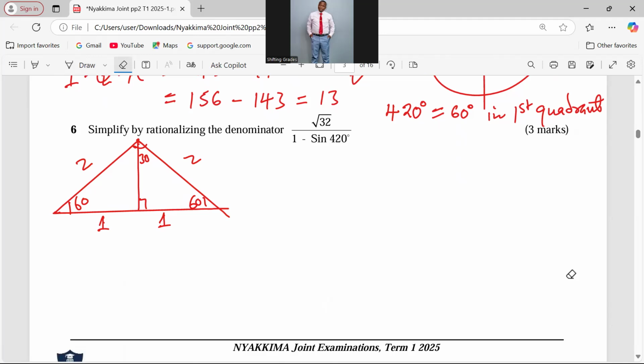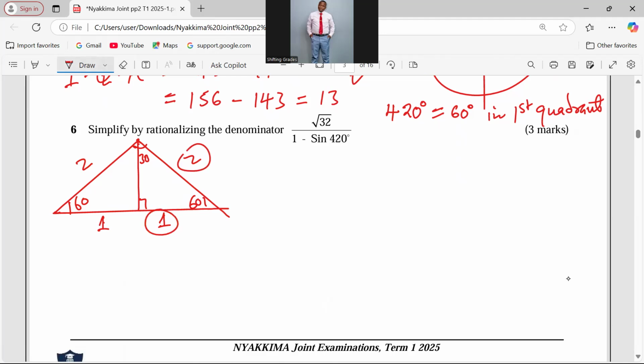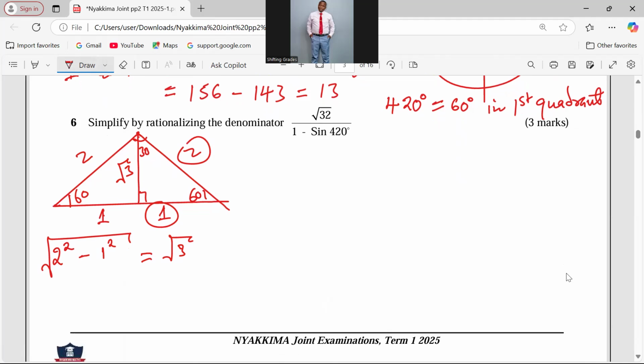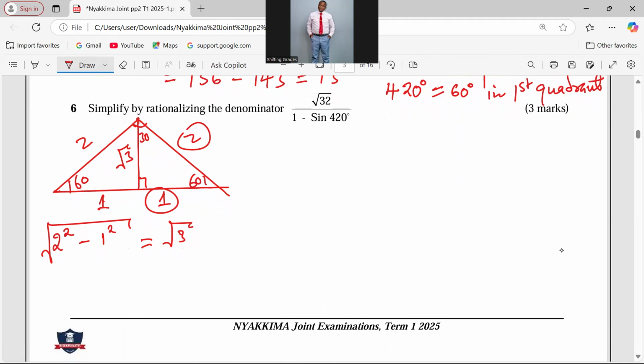Using one of the triangles, I need 2 squared minus 1 squared, then I take the square root according to Pythagoras' theorem. So I'll be talking of the square root of 3. So this side will be root 3.